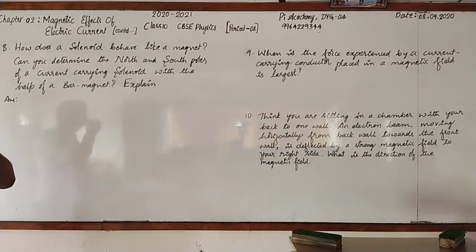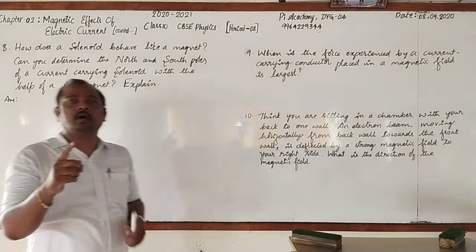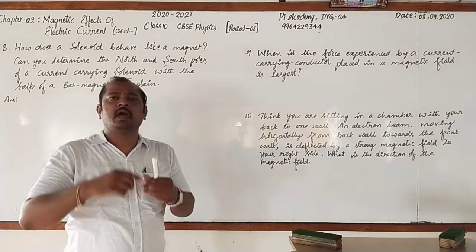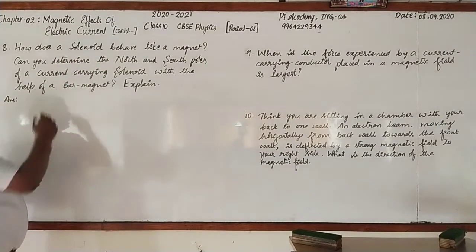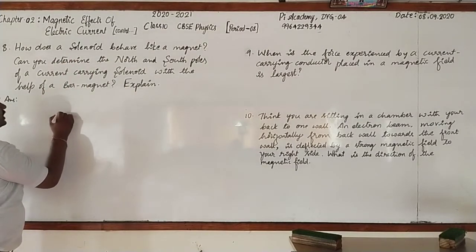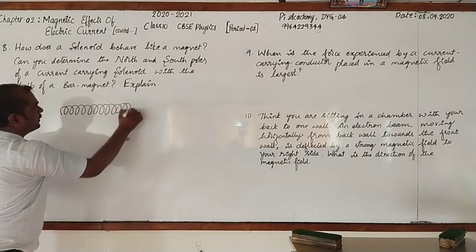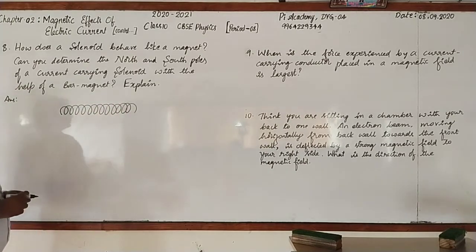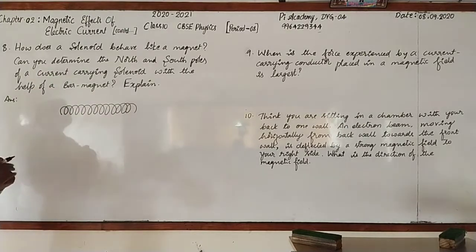Dear student, we are very familiar with the solenoid. A long coil of insulated copper wire having a large number of turnings is called a solenoid. Just for the sake of explanation, I am drawing a solenoid. There will be a large number of turnings. Then, how does a solenoid behave like a magnet? See that.